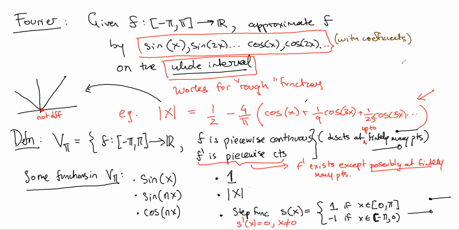I see. You're saying if you take the derivative at 0, then the right-hand side has derivative 0, and the left-hand side is not differentiable, right? Yeah, we'll get to that in the next lecture. I haven't said what you can do with a series like this. I haven't said you can differentiate it term by term. But it's a very good question.